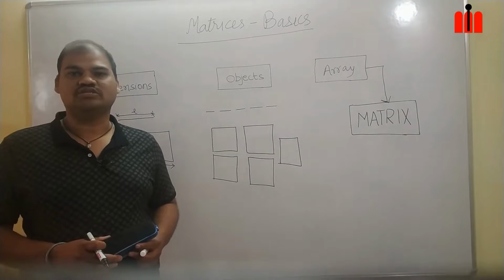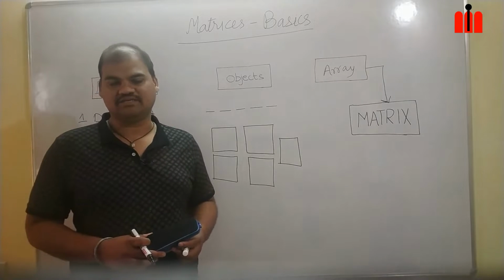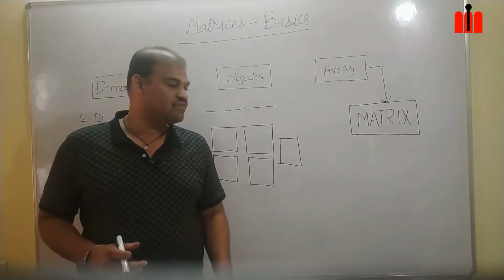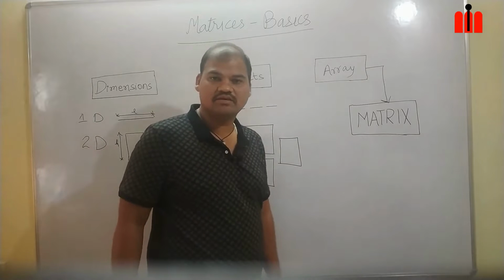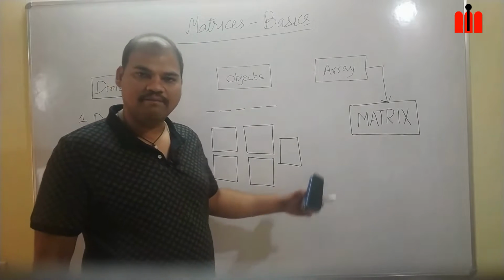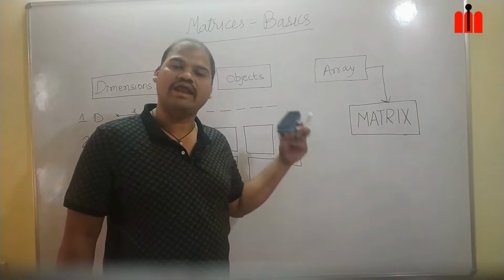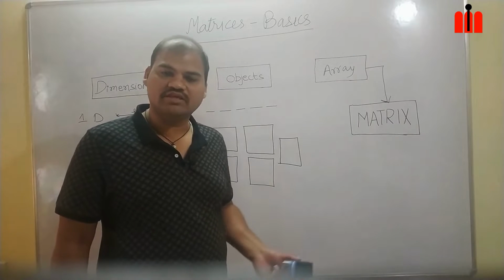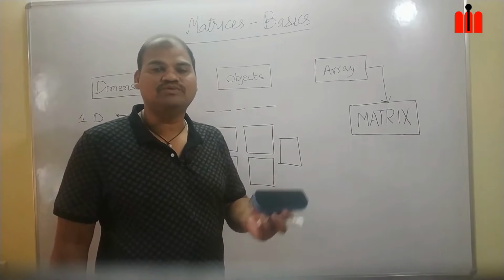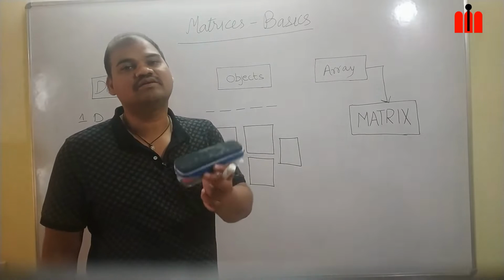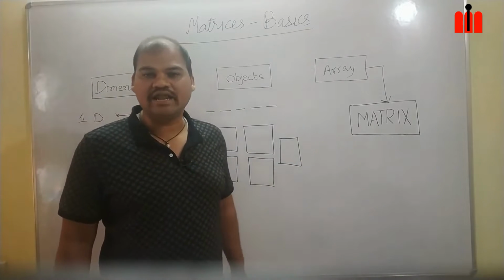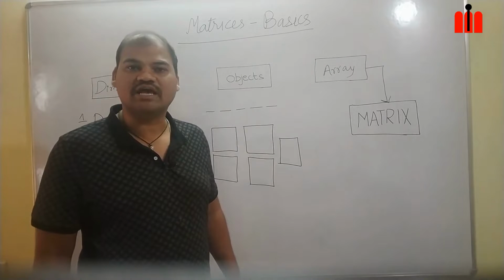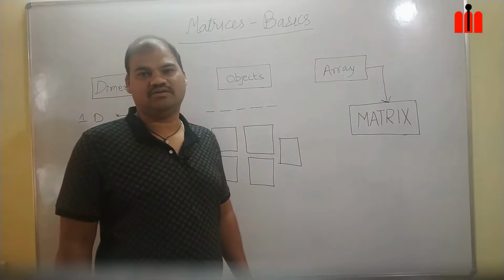So a matrix is an array with objects as numbers. What is a matrix? Matrix is an array with objects as numbers.